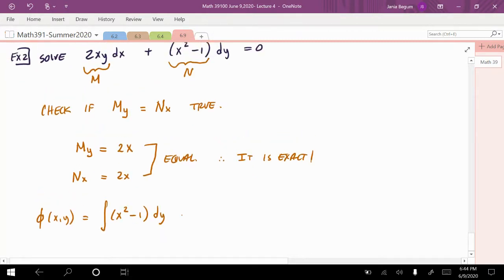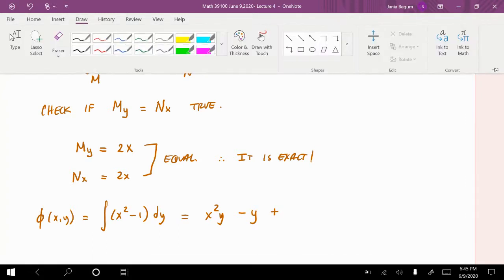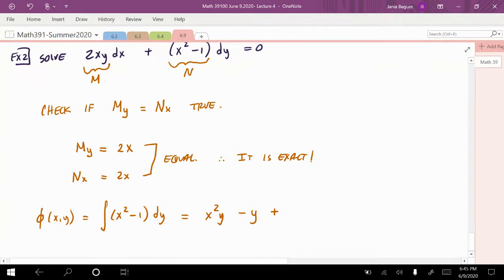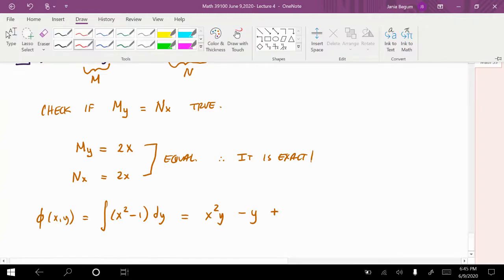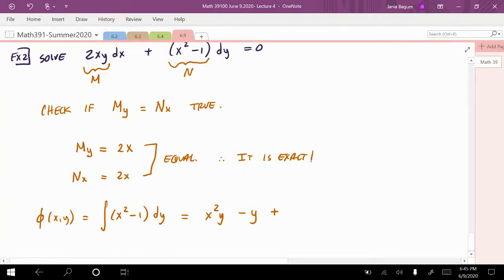So if I integrate, I get x squared y minus y plus, now what is the function we're going to tag in this time? Because we integrated with respect to y, you're going to tag in a function of x.